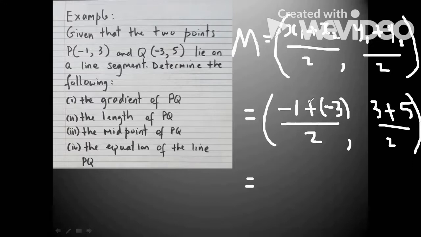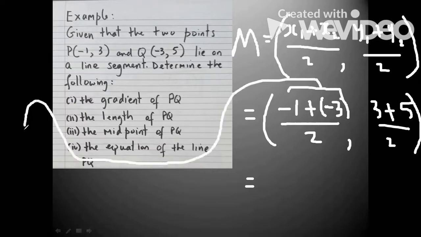All right, so when signs are together, we use the rules of multiplication. So right here, we can bring it over here. So a positive and a negative will give you a negative. So we have -1, -3, so you get -4.